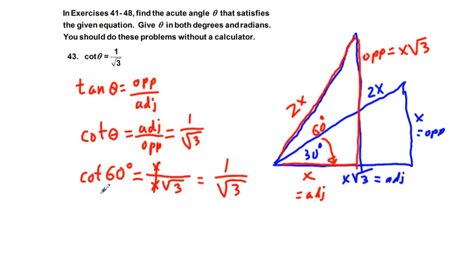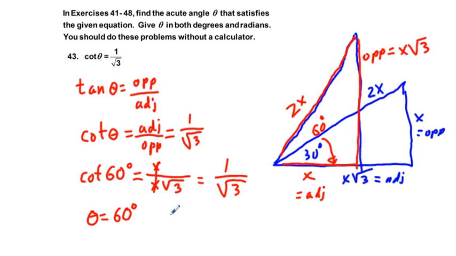Therefore, what that means is that in order for the cotangent of an angle to be 1 over square root of 3, theta has to equal 60 degrees.